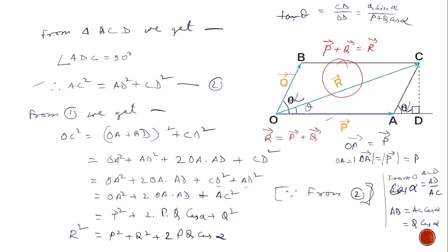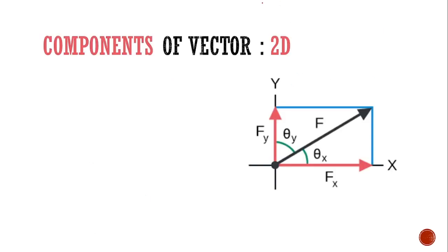Now these two parts are called the components of the vector. When these two divided parts are perpendicular to each other, let's say f is the vector, and we are dividing it along the x-axis and along the y-axis, then they are called components of the vector.